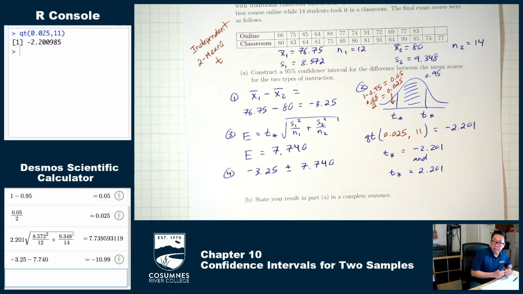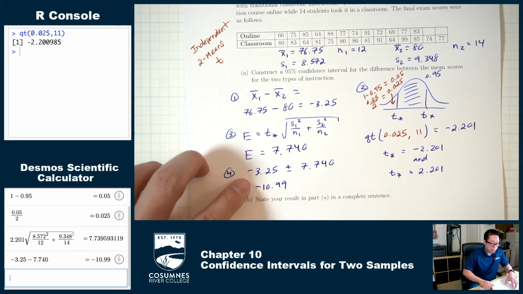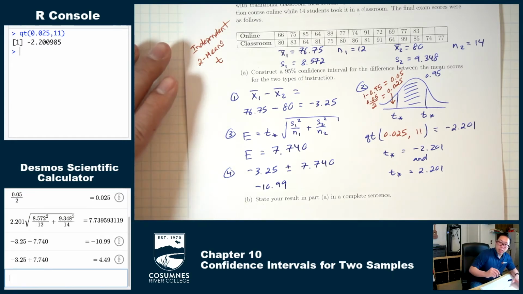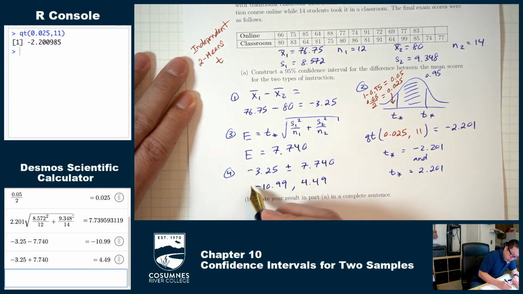Our low number is negative 10.99. Our high number, negative 3.25 plus 7.740. Our high number is 4.49. And that's our confidence interval.